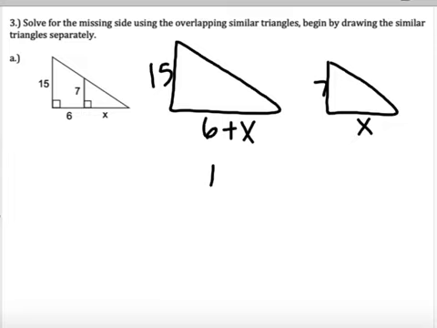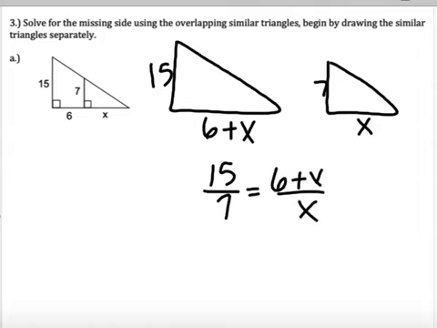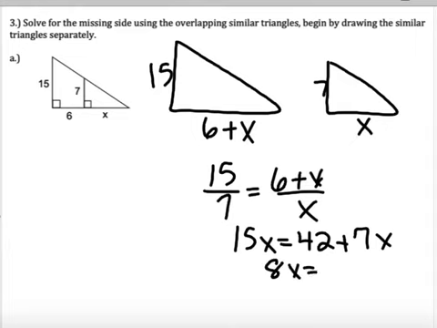So 15 over 7 equals 6 plus x over x. So setting cross products equal to each other, 15 times x equals 42 plus 7x. Subtract 7x from both sides, we have 8x equals 42. When we divide by 8, x equals 5.25.